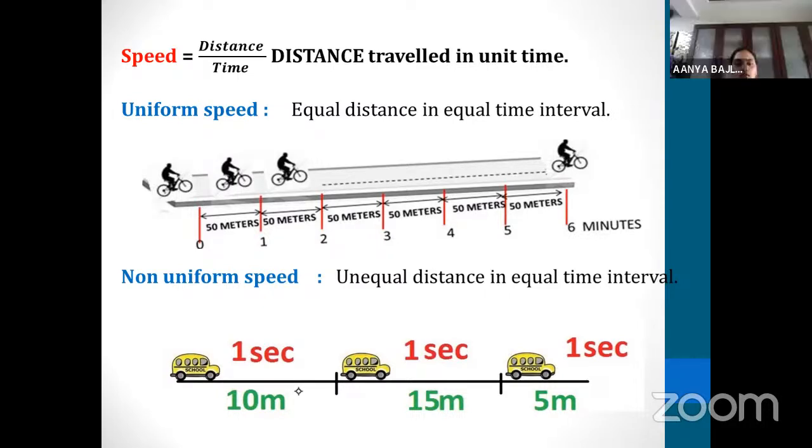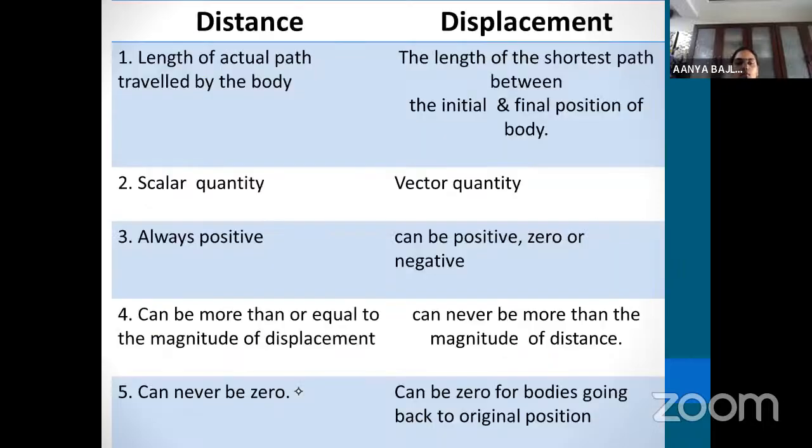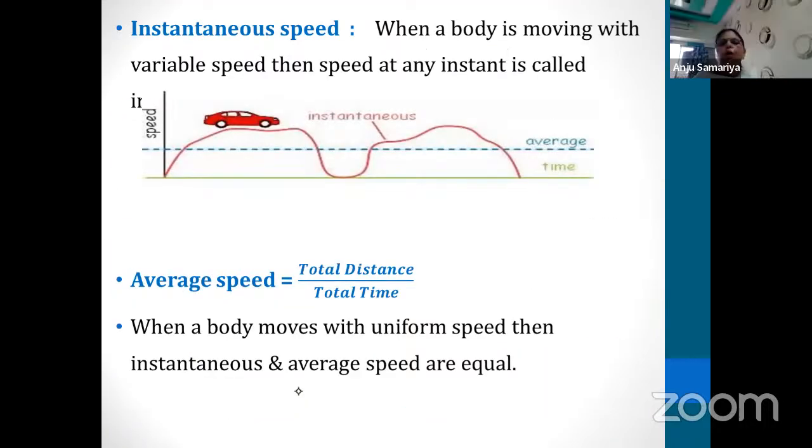Yes. So the instantaneous speed plays a role only when we have non-uniform motion. Uniform motion में तो instantaneous speed same ही रहेगी. Every time it will remain same, constant.